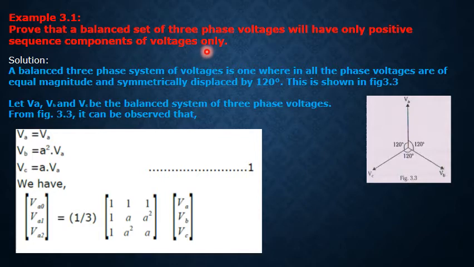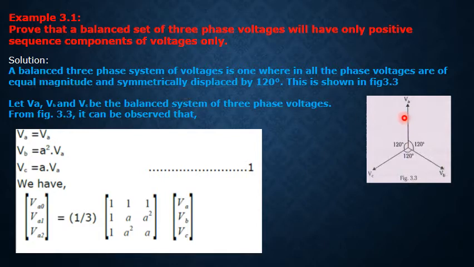From this statement, what we understand is that let us consider a balanced system like this. When we say balanced system, the given system is balanced when all the magnitudes are equal to each other. So the magnitudes of voltages VA, VB and VC have to be equal to each other, as given in our solution part over here.